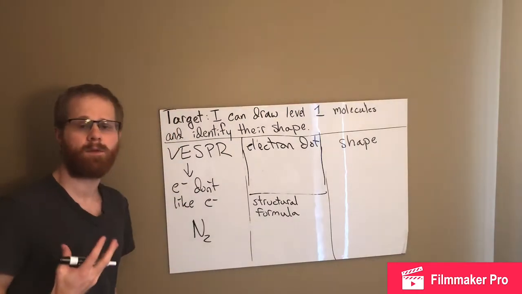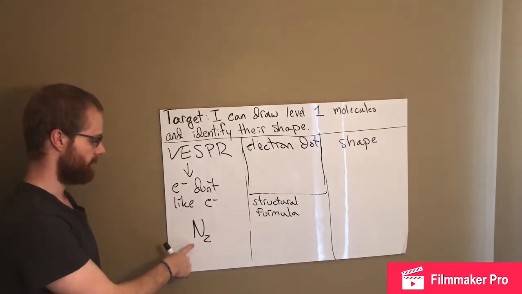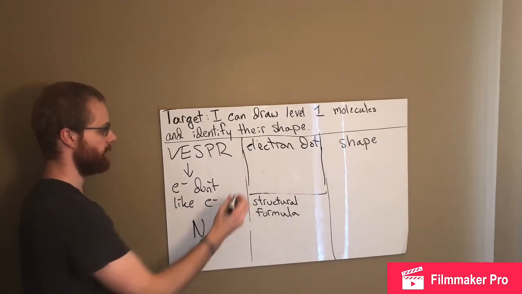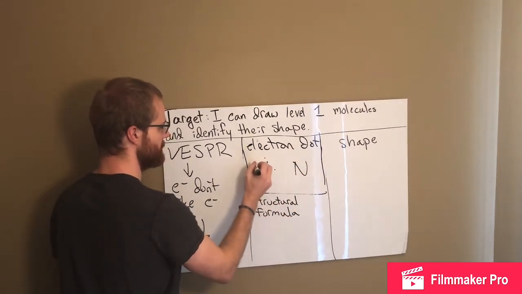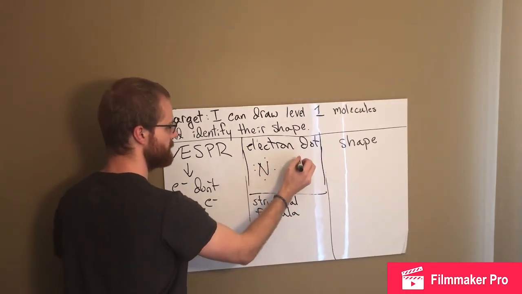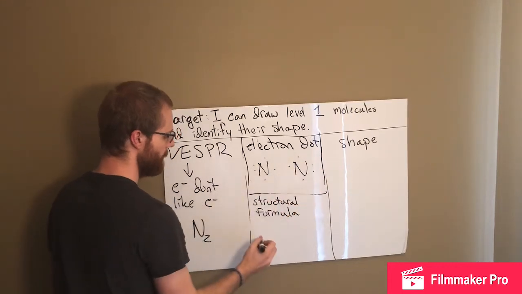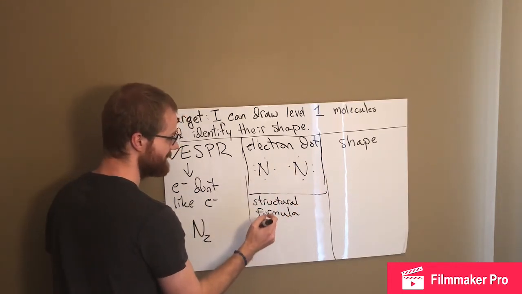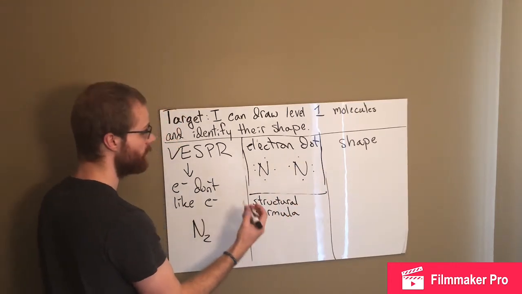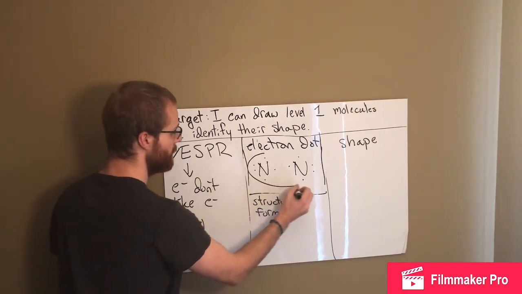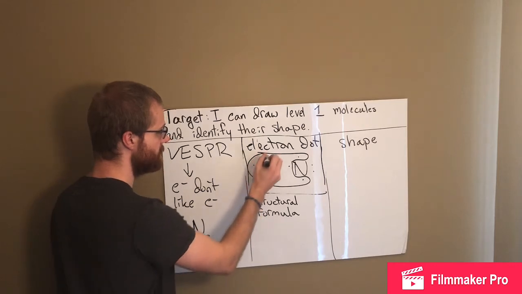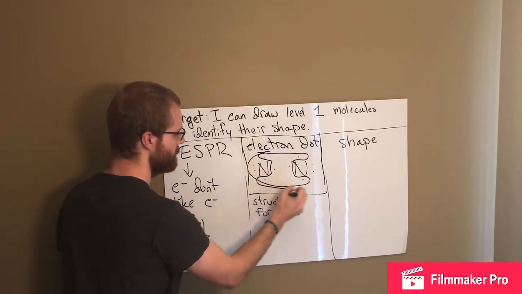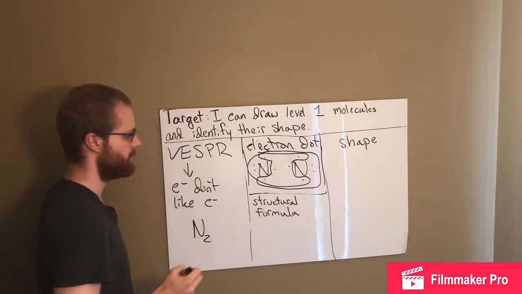So let's go over the electron dot structure for N2. We've got a nitrogen atom and another nitrogen atom. Each nitrogen has 5 valence electrons: 1, 2, 3, 4, 5. And since they've got 5 valence electrons, they're going to get 3 more from the other. So there's 8 for the first nitrogen, and there's 8 for the second nitrogen.